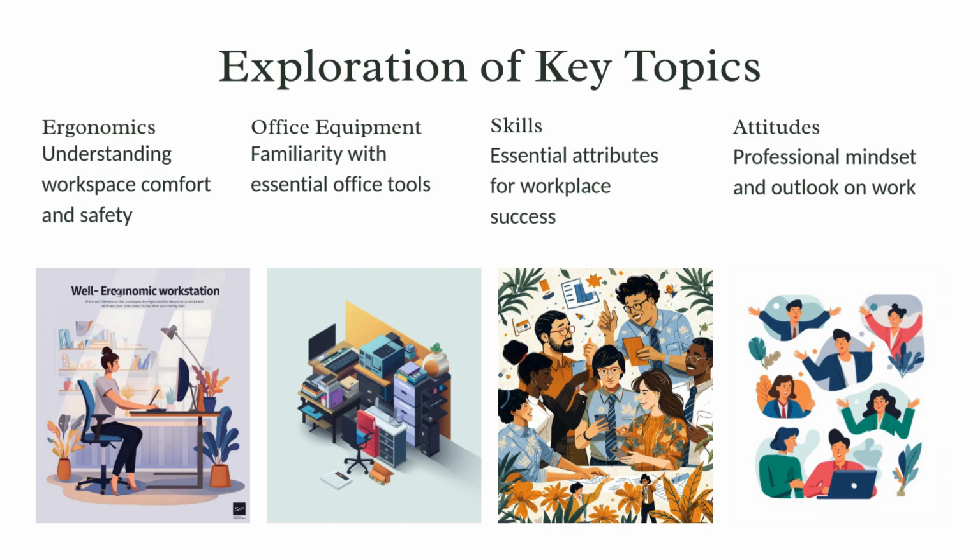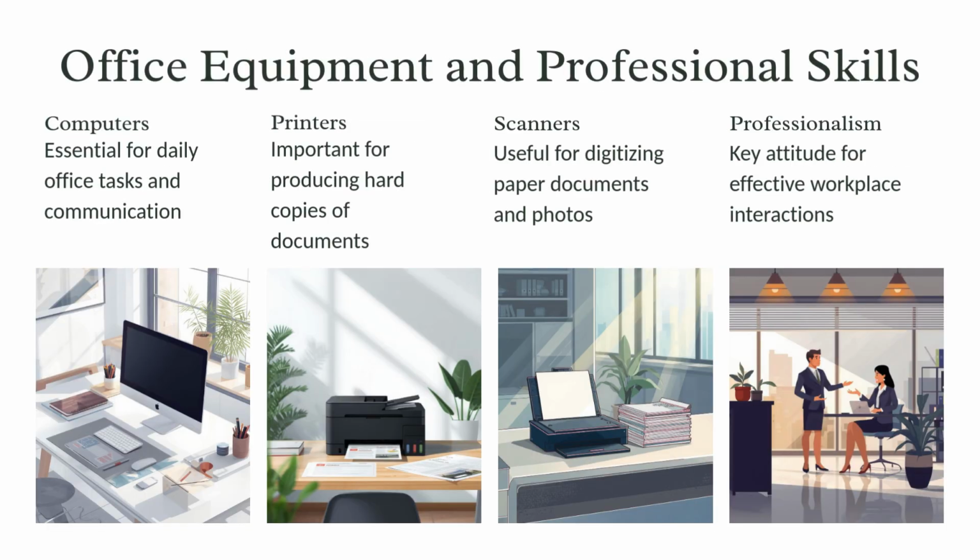Office equipment is familiarity with essential office tools. Skills are essential attributes for workplace success, and attitude is professional mindset and outlook on work. So these are some office equipment and professional skills.